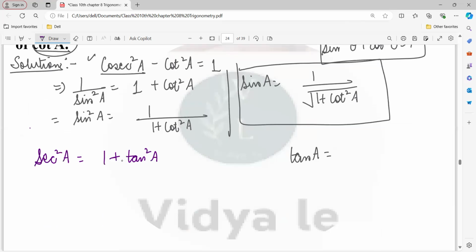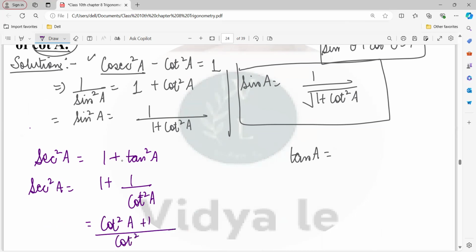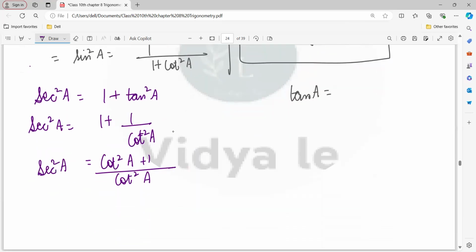Secant square A is 1 plus 1 upon cot square A, or we can write it as cot square A plus 1 upon cot square A. This is the value of secant square A. We want secant A, so we'll take the square root of it.